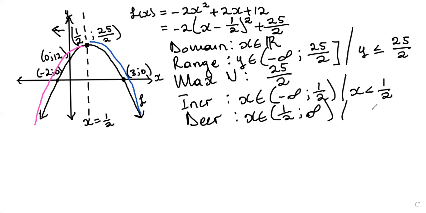Or you can simply say it decreases for any value of x that is greater than a half. So that's what you can say. All right, that's fine. So remember why we don't include the half in this case. Remember that, because we said at exactly half, the function is going to be stationary, neither increasing nor decreasing.